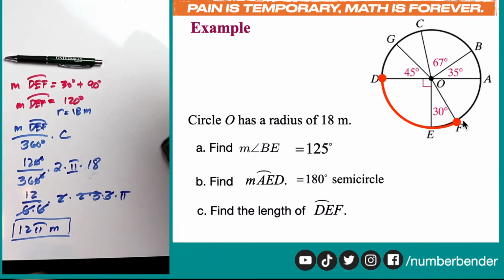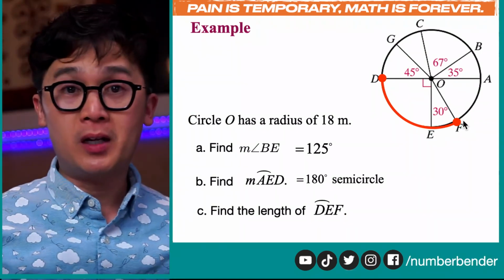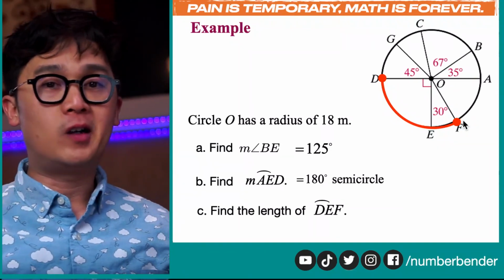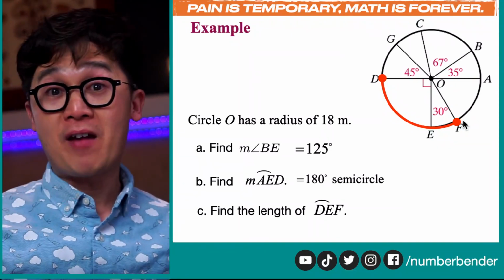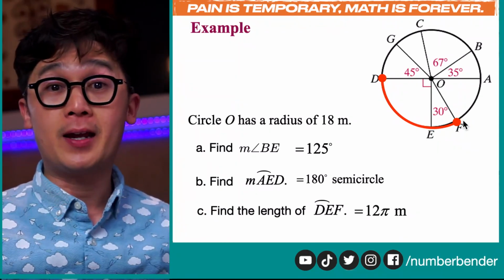So the length of arc DEF is equal to 12 pi meters. This is how we use our formula, and of course our skill in prime factorization to simplify our fraction. That gives us 12 pi meters.